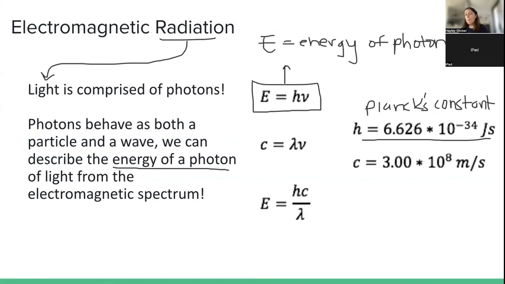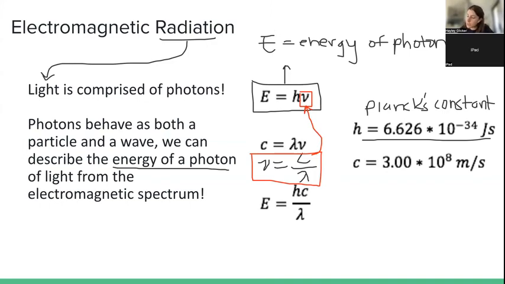But what we can do, right, since I know that there's a relationship, c is equal to lambda times nu, I can say that nu is equal to c divided by lambda. And if I now take this right here and plug it in to nu right here, we end up getting this second relationship, which says the energy of my photon is equal to Planck's constant times the speed of light divided by lambda.